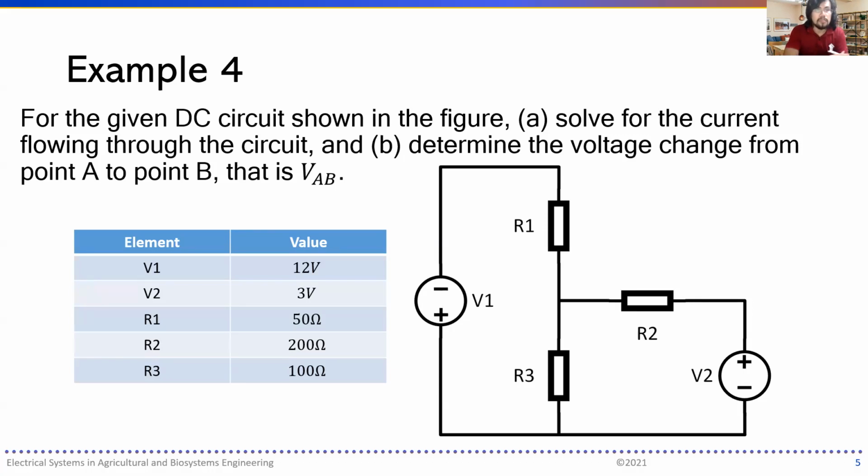The last question is, we have the same given circuit, but just in a different presentation or different setup of resistors and voltage source. And the voltages are given as V1 12 volts, V2 3 volts, R1 is 50 ohms, R2 is 200 ohms, and R3 is 100 ohms.